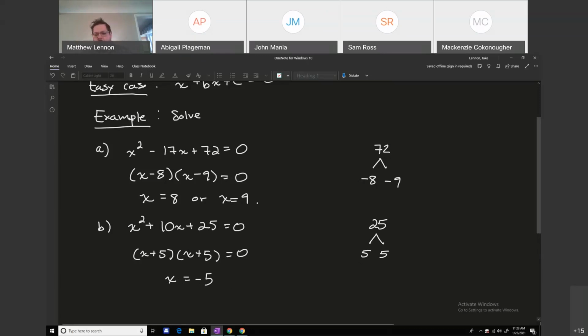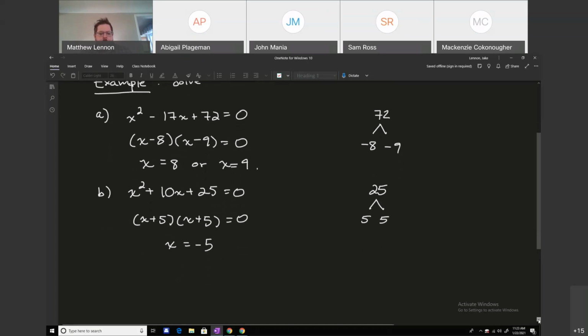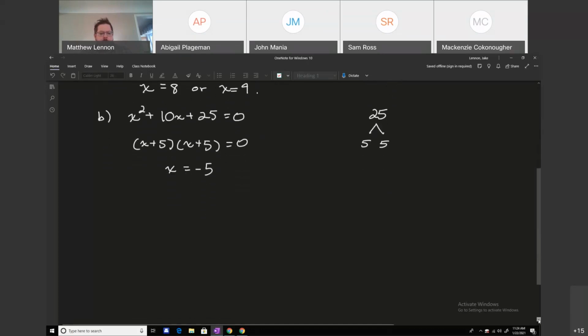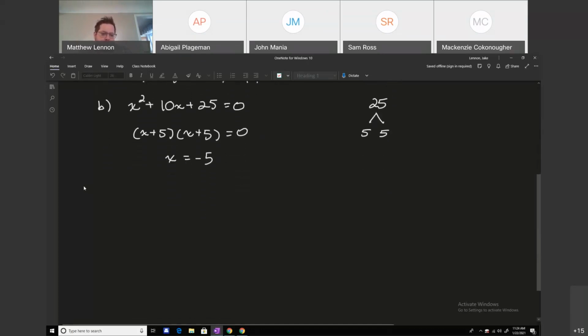So then we also have the harder case where a is not 1. So it doesn't just start off with x squared. So let's do an example.